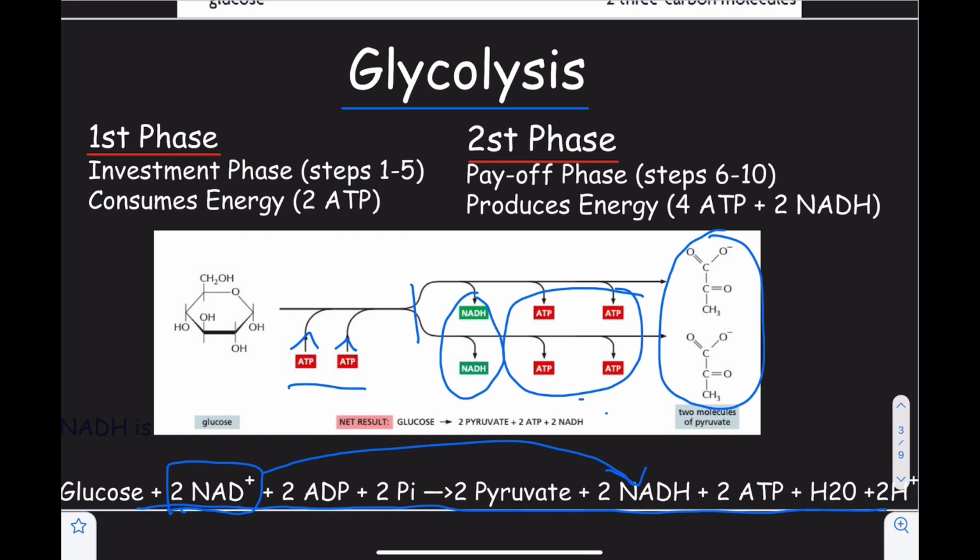It's reduced because it was positive, and now it's a neutral molecule. 2 NADH are neutral because a hydride ion was added, which is a hydrogen atom with an extra electron, so it acts as an electron, and gaining of an electron is reduction.